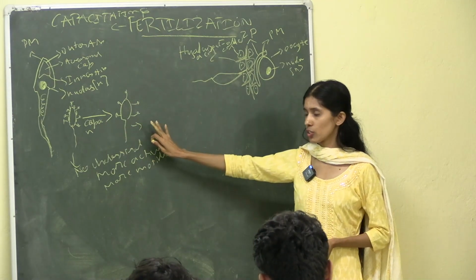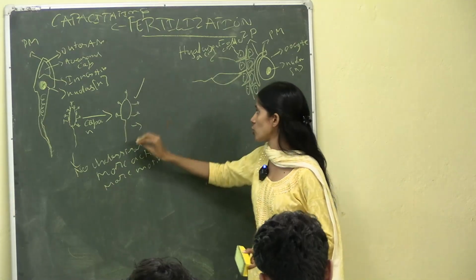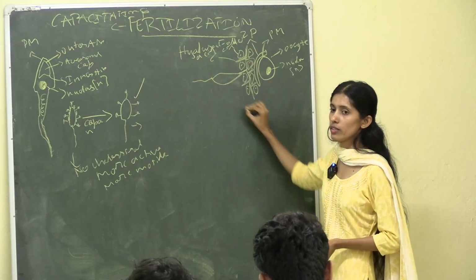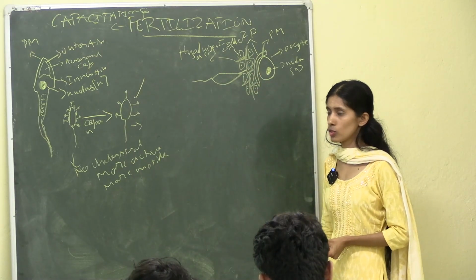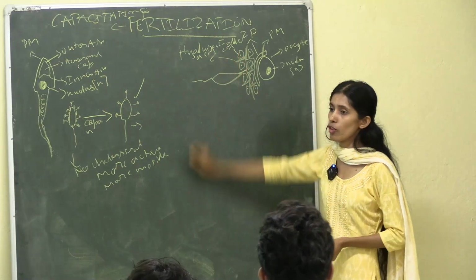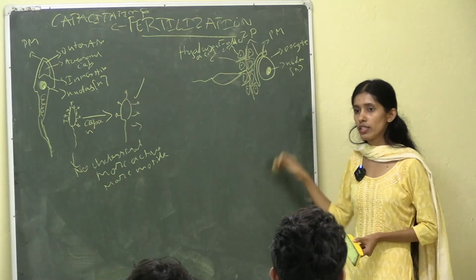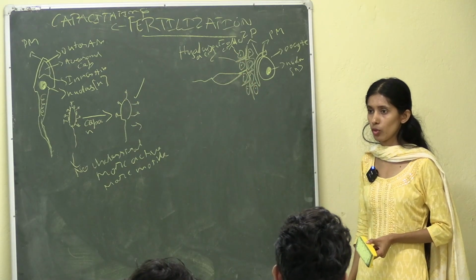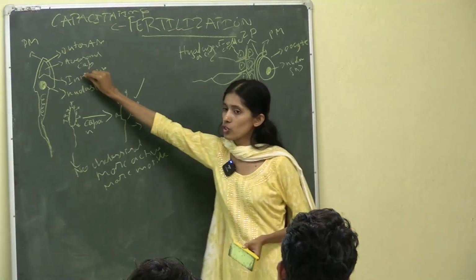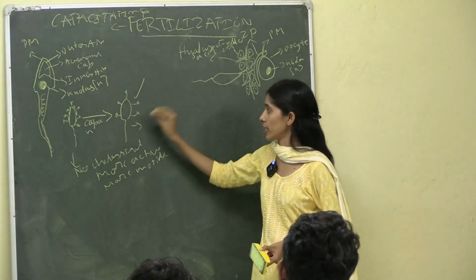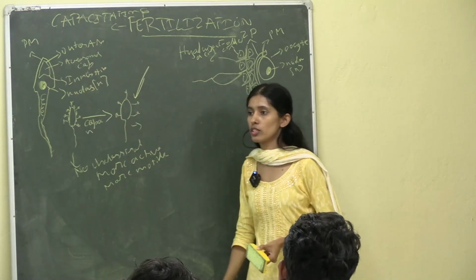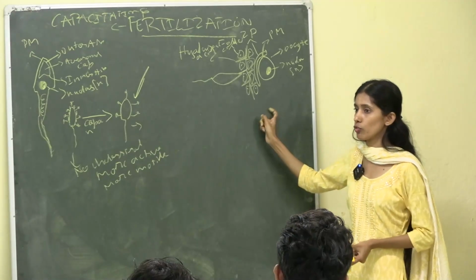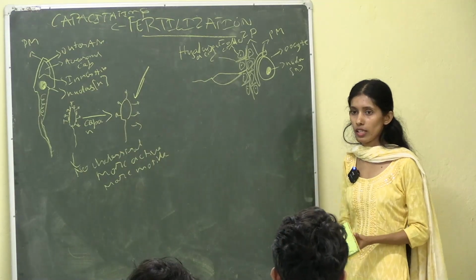Once capacitation happens, this structure is going to fuse, not with the zona pellucida, but first with the follicular layer, or the corona radiata. The mature spermatozoa is going to fuse with the follicular cell layer.